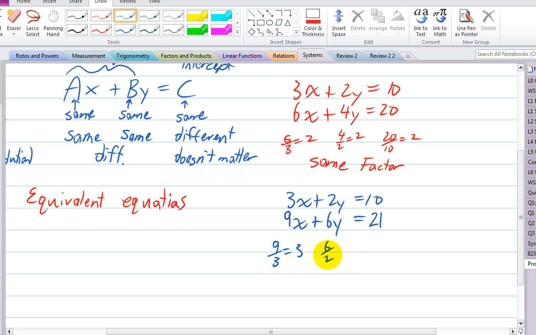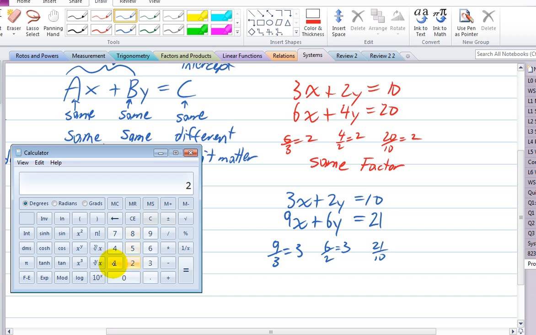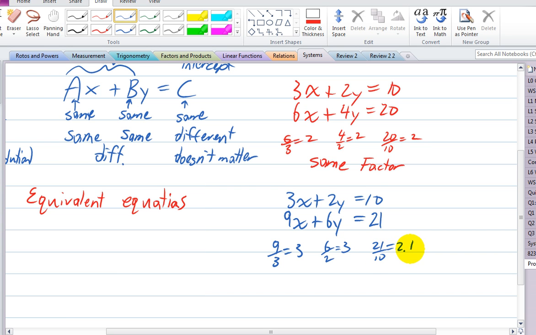Okay, so you could have gone 2 divided by 6, you just would have got decimals. Then 21 divided by 10, if you check that one, it's 2.1. Okay. So what happened here is you have the same slope because both A and B were increased by the same amount, but your intercepts are different. So this would be parallel. Okay, so the earlier one would be same line. Same lines. This one would be parallel lines.